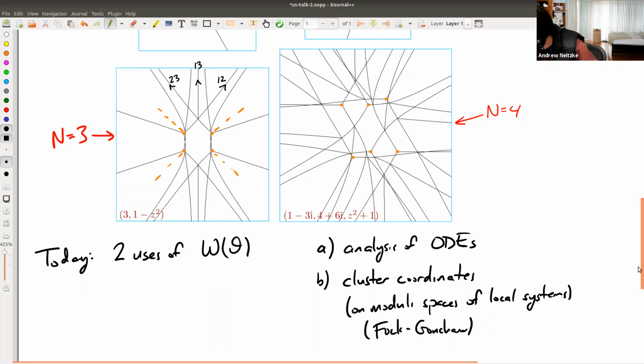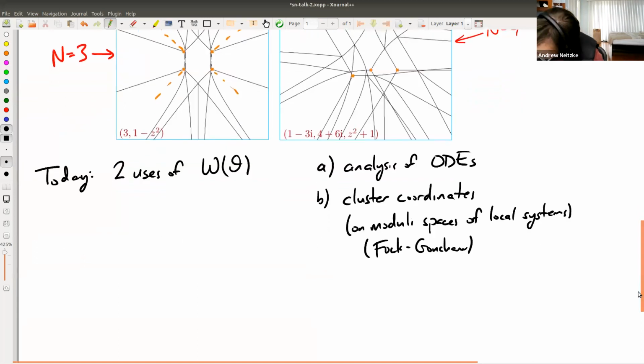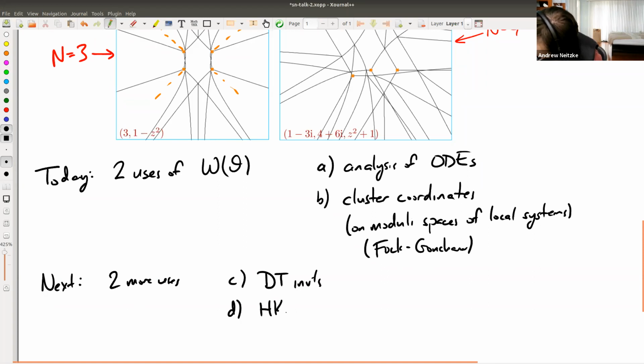So these will be two connected things, and then the idea is that next time I'll do two more uses, in Donaldson-Thomas invariants and hyperkähler geometry. But those will to some extent build on what I do today. Okay, so that's the plan.